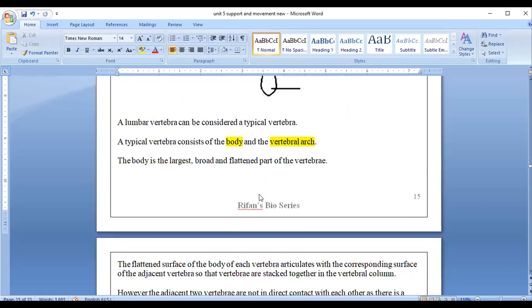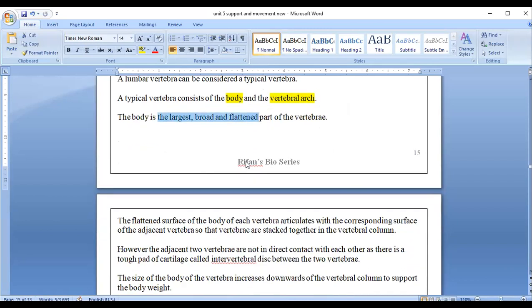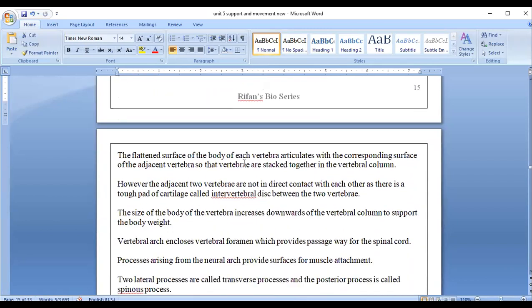Okay, the body is the largest, broad part, flat. When you see from the top, it is flat. When you see from the bottom, it is flat. It is actually a cylinder, correct? It's a cylindrical shape. The flattened surfaces of the body articulate with the corresponding surface of the adjacent vertebra, so that the vertebrae are stacked one on the other.